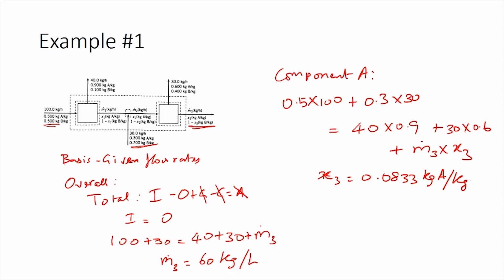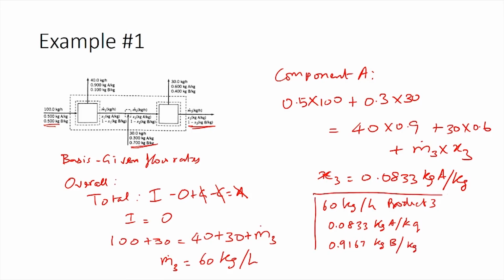The product stream 3 basically contains 60 kilograms per hour product 3, which contains 0.0833 kilograms of A per kilogram. And the rest, which is 0.9167 kilograms, would be the composition of B per kilogram of the product.